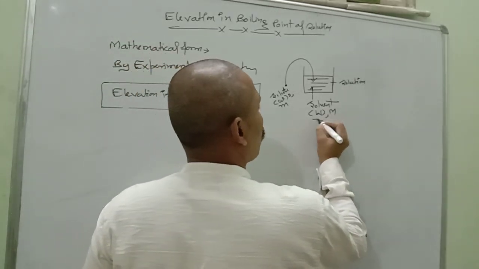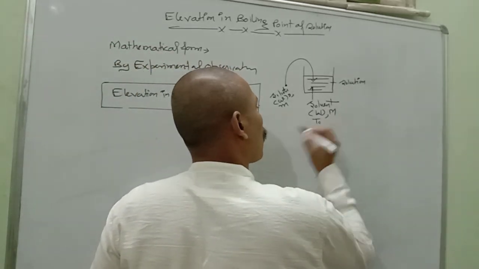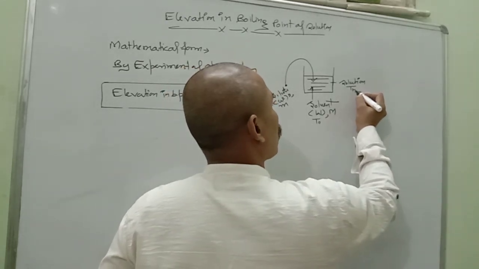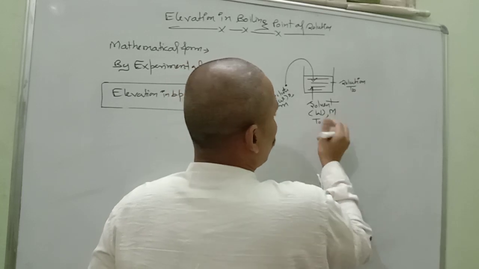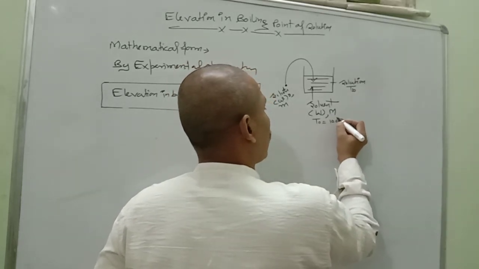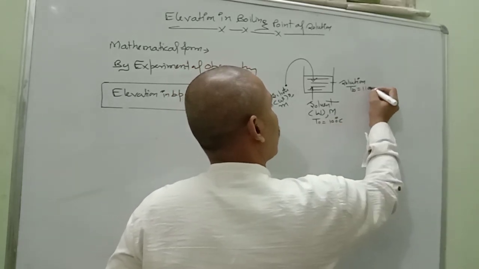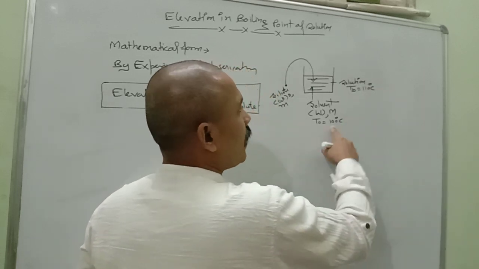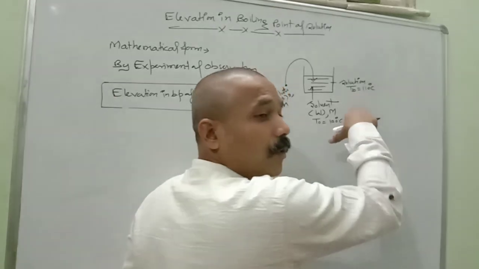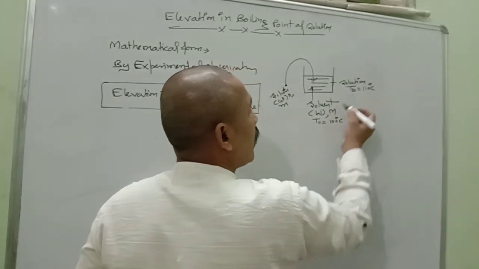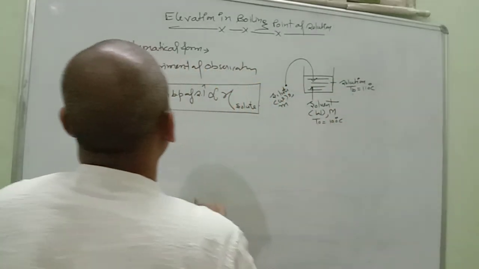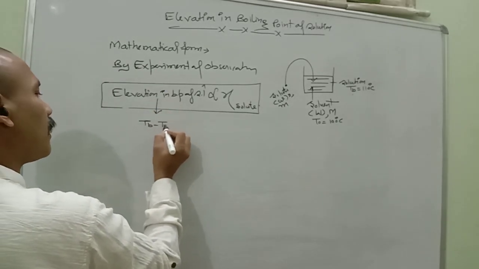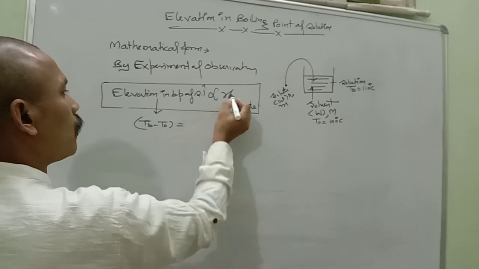Say initial boiling point of the solvent is T0 and TB is the boiling point of the solution. Suppose it is 100 degrees Celsius and this is 110 degrees Celsius. So how much increase? 110 minus 100. It means increase in boiling point of the solution is the difference of TB and T0.